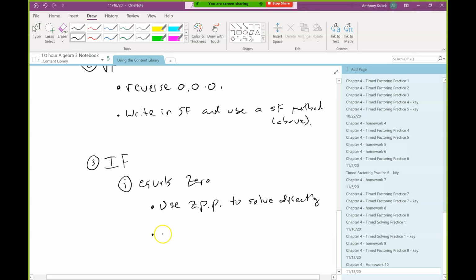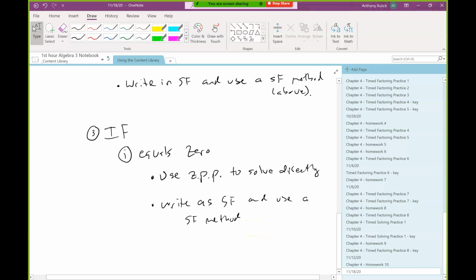Or you could FOIL things out to write it as a standard form and then use a standard form method. Not recommended there because the 0 product property makes things so easy.